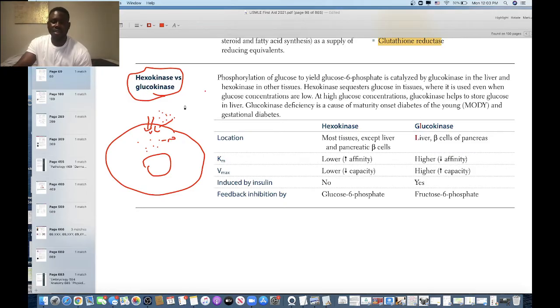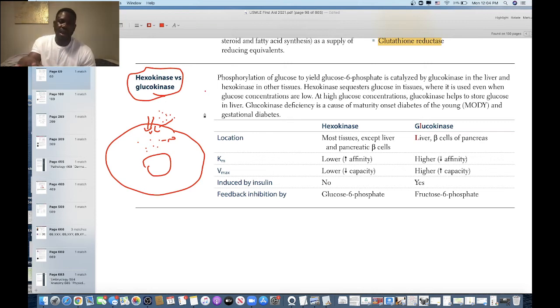Now, glucokinase is generally in the liver and then the pancreas, but hexokinase is in all other tissues. So basically, glucokinase is in the pancreas and liver only. Hexokinase is in all tissues, but they are all performing the same function.